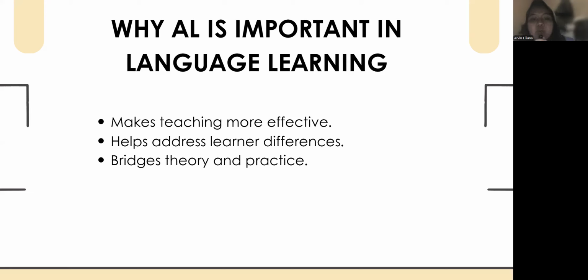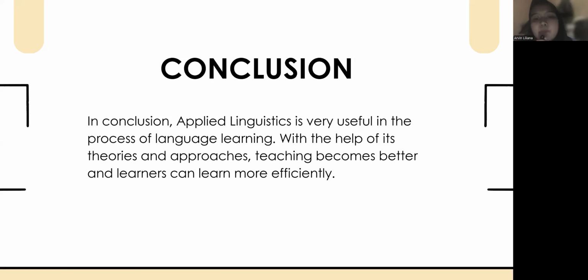It makes learning more meaningful and fun. So in conclusion, applied linguistics is very useful in the process of language learning. With the help of its theories and approaches, teaching becomes better and learners can learn more effectively.